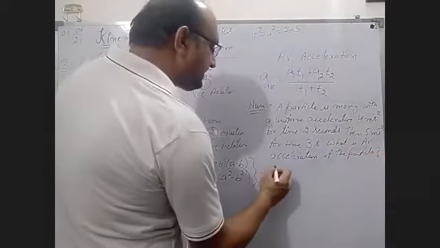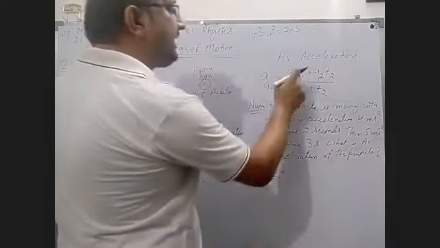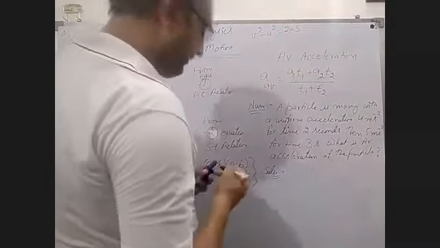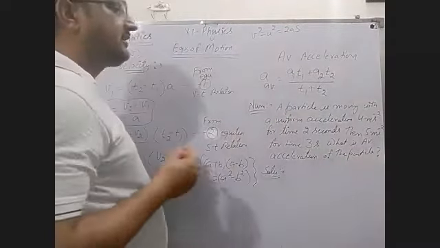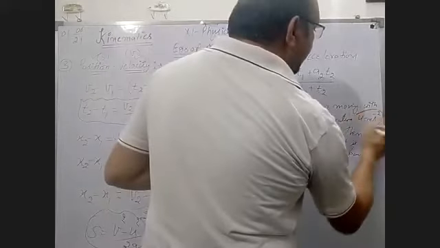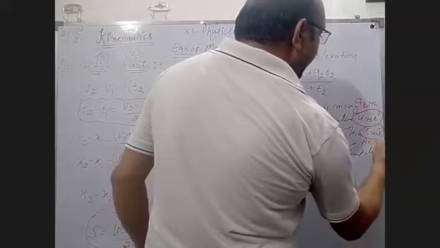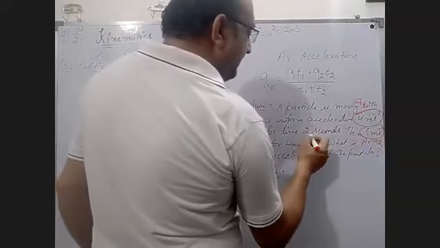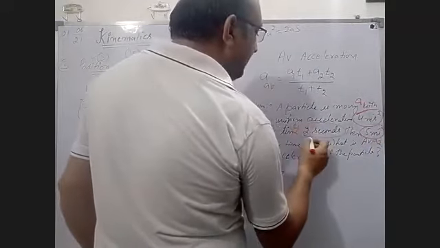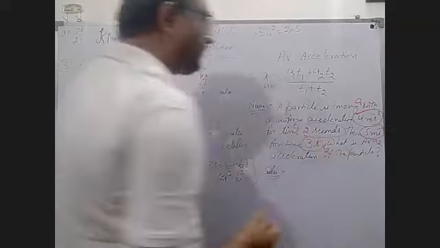How can you solve this thing? By applying this formula. Here all the values are given. This value is a1, this value is a2, this value is t1, and this value is t2.